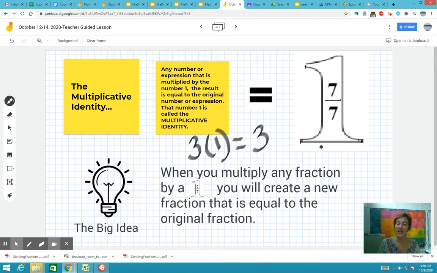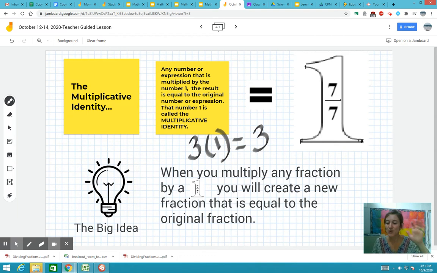So let's look at the definition again. The multiplicative identity is any number, so here's our number 3, or expression that is multiplied by that number 1. The result is equal to that original number. So 3 times 1, this number is equal to this. And that number 1 is called the multiplicative identity.